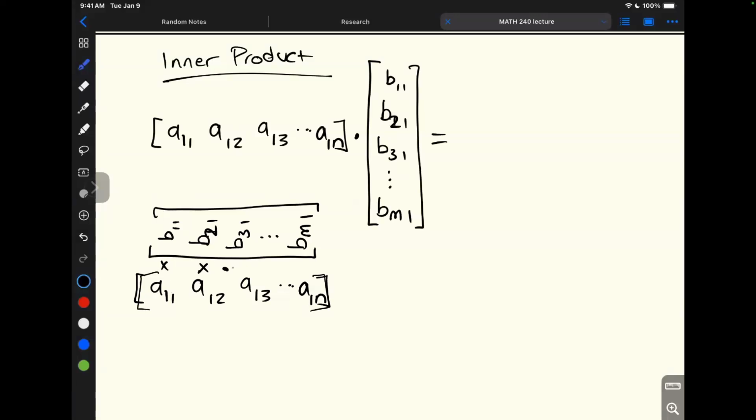We multiply A12 times B21, A13 times B31, A1N times BM1.